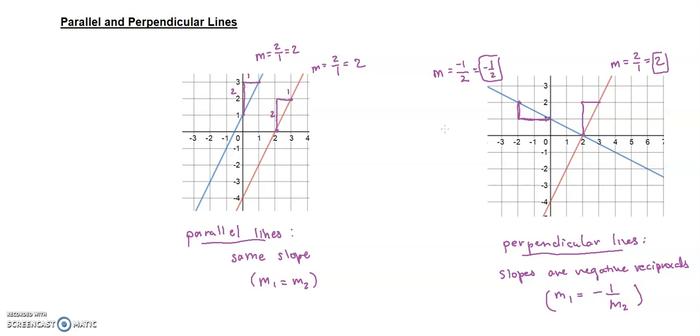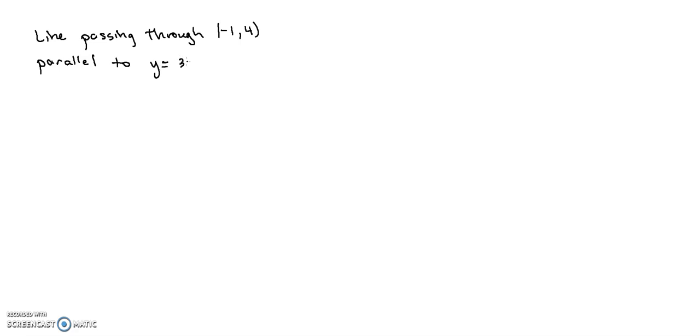Okay, so now let's use this together with what we worked on with the equation of lines. Let's say that we have a line passing through the point negative 1, 4, and we want it to be parallel to the line y equals 3x minus 6.